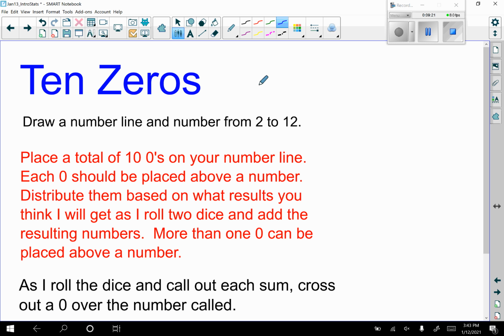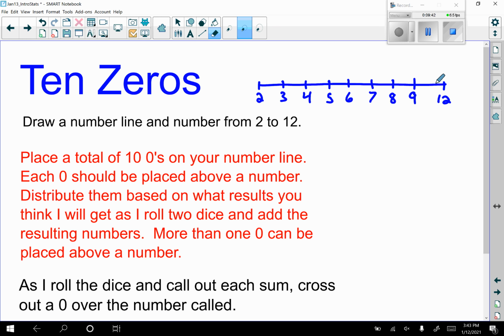You're just going to draw a number line, numbered from 2 all the way up to 12, just like this. And then you're going to have 10 numbers. I'm just going to place them as zeros.